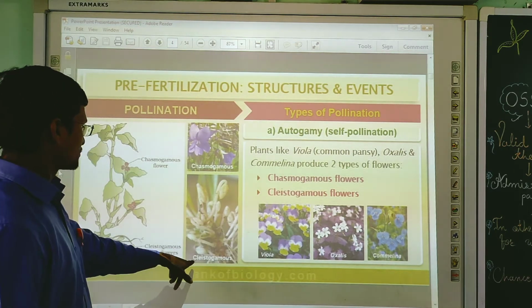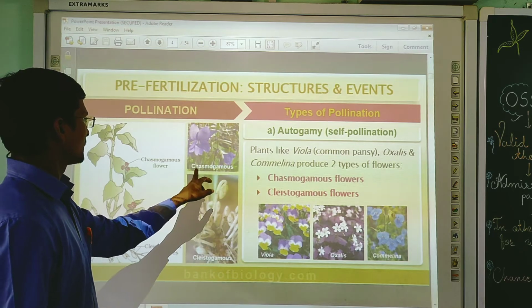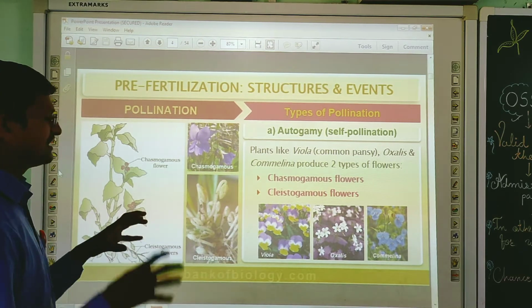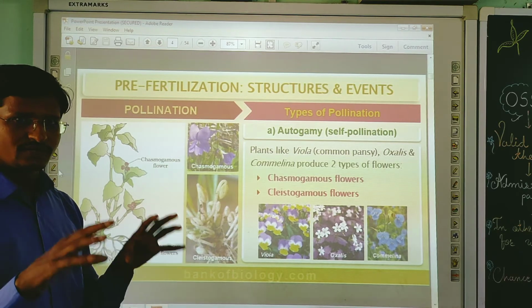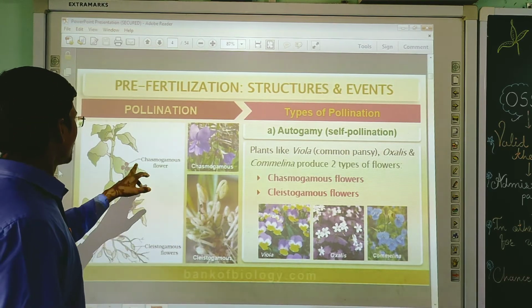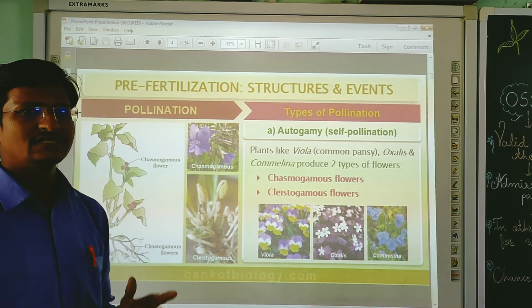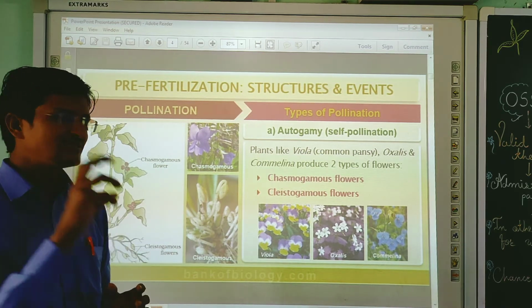Here you can see cleistogamous and chasmogamous flowers. The cleistogamous flowers may be at the root part, and the chasmogamous flowers at the top. They may be available in the stem region and in the branches region.